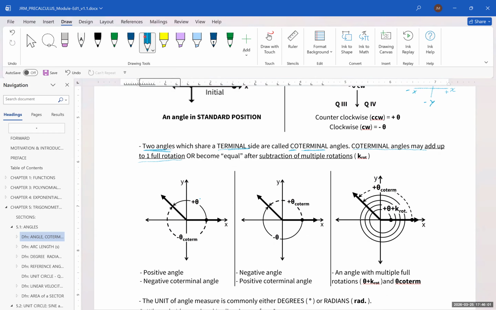If your angle goes in one direction, the coterminal angle goes in the opposite rotational direction. In the next picture to the right, if we measured a negative angle like this, then the angle coterminal to it will be a positive coterminal angle.